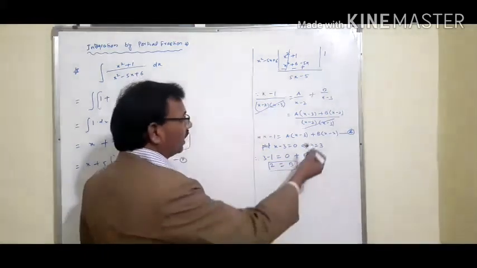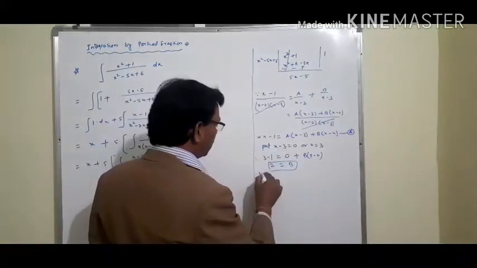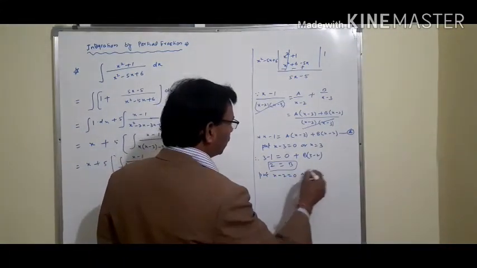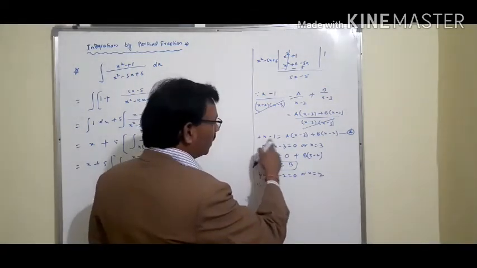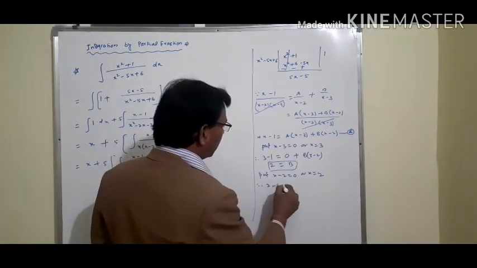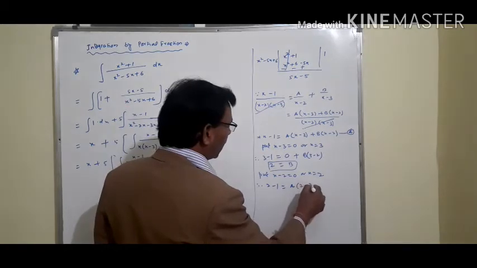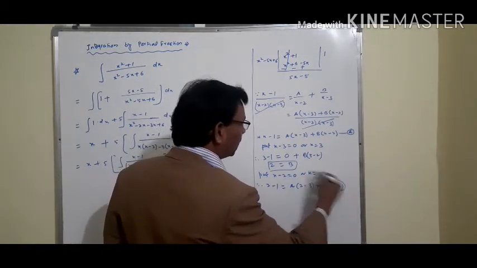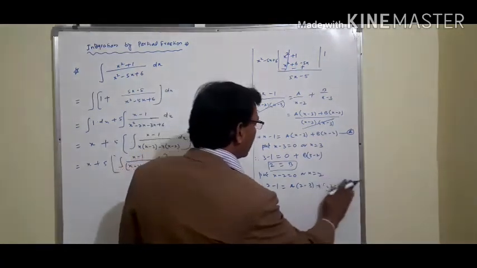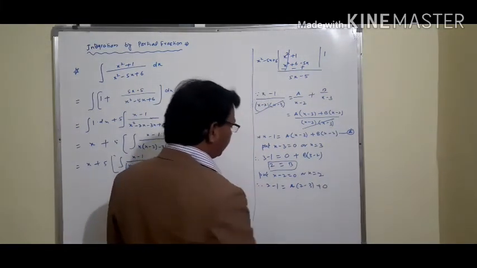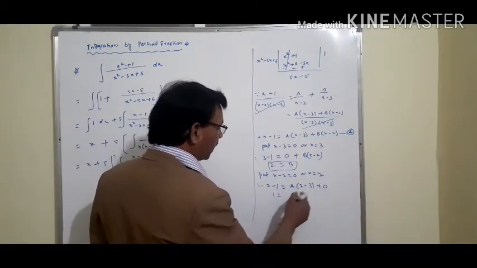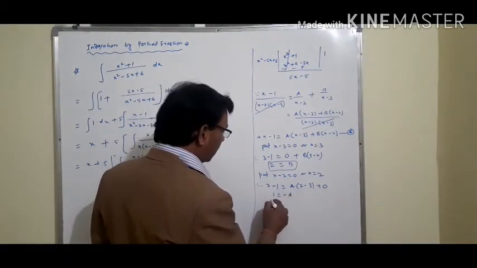Again put x minus 2 equal to 0, or x equal to 2. Therefore 2 minus 1 equals A into (2 minus 3) plus B into (2 minus 2), and this last term will be 0. So 1 equals A into (2 minus 3), meaning minus A, that means A equals minus 1.